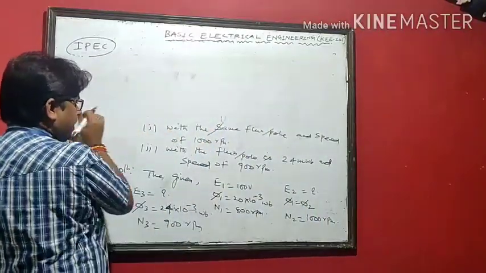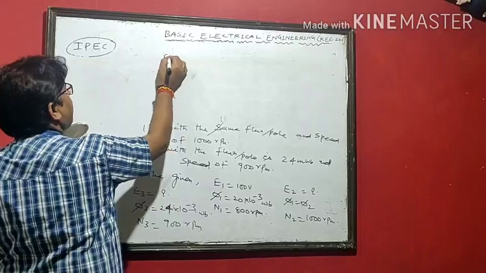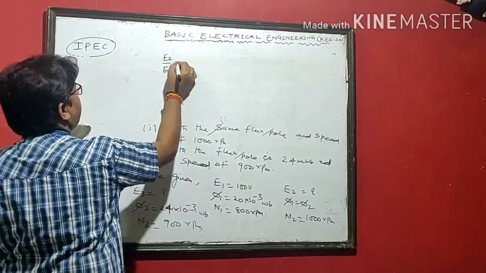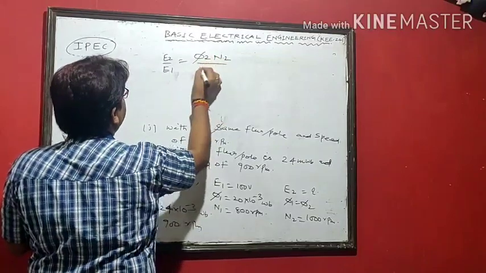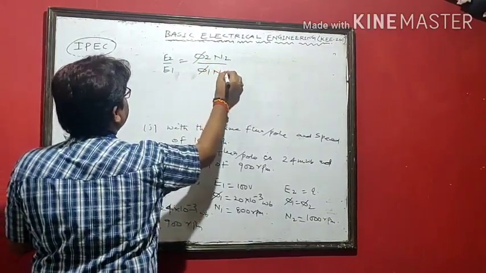We know that for the first part, E2 by E1 equals phi2 N2 divided by phi1 N1.